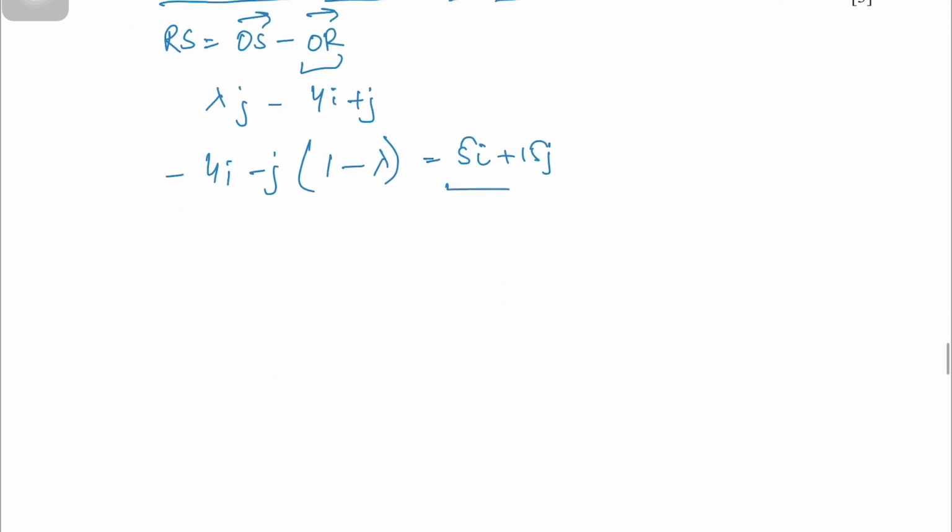So to make it 5I plus 15j, we have to first multiply it by negative, and then for it to be 5, we have to multiply it by 5 upon 4 to cancel this 4 and then multiply it by 5. So this negative 5 over 4 is multiplied by this as well.